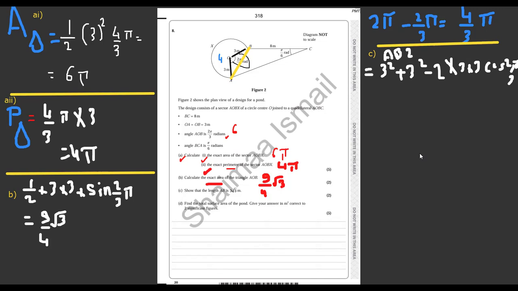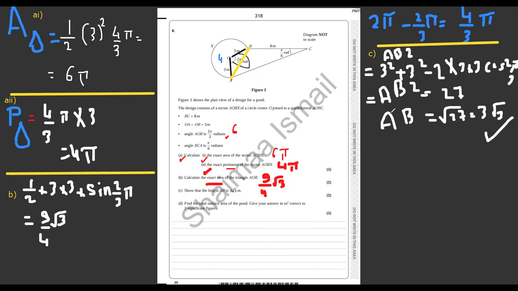It gives us AB squared equal to 27, then you get the root of it. AB here will be equal to root 27, which should be equal to 3 root 3, and we prove it.